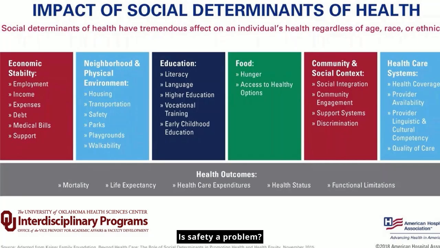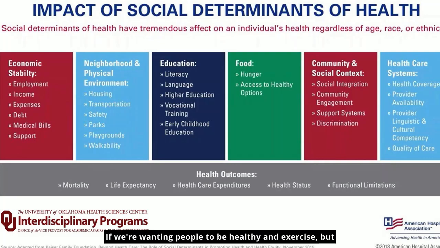Is safety a problem? And that comes into play if we're wanting them to be able to even pick up medications. Are they safe getting them? Do they have transportation to even get to appointments? And then what kinds of built environment is around them? If we're wanting people to be healthy and exercise, but they're not safe, they have no playgrounds, they have no sidewalks, they don't have anywhere to do that, walkability becomes an issue.